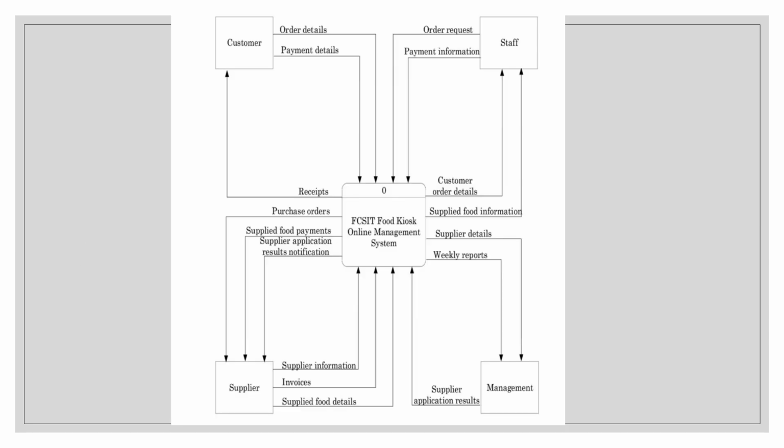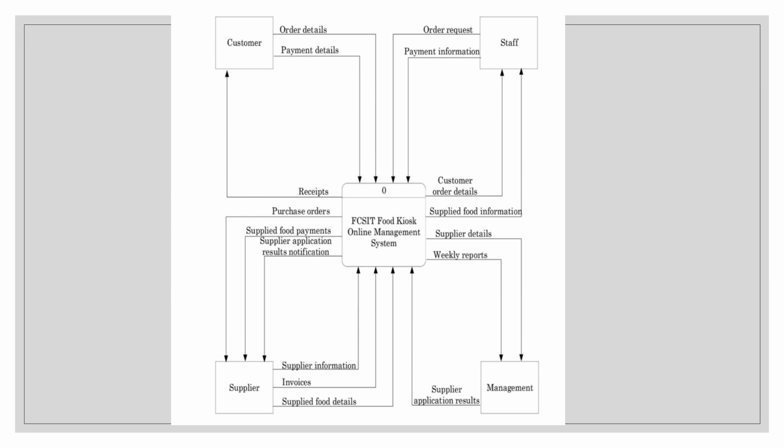Now I want to explain the context level diagram. FCSIT Focus Online Management System is the single process in the middle. It interacts with four entities, which are customer, supplier, staff, and management. Customer enters the order details and payment details and receives the receipts.